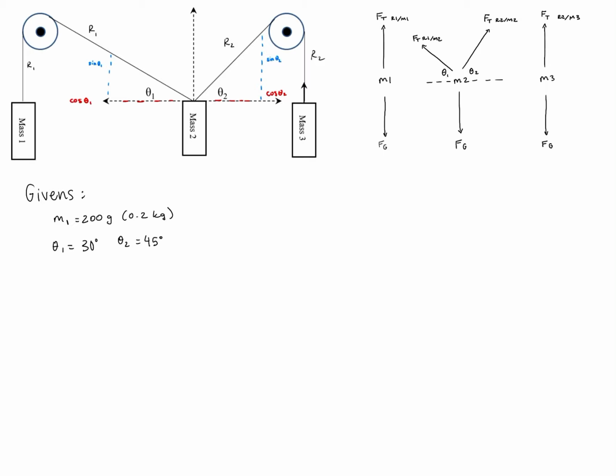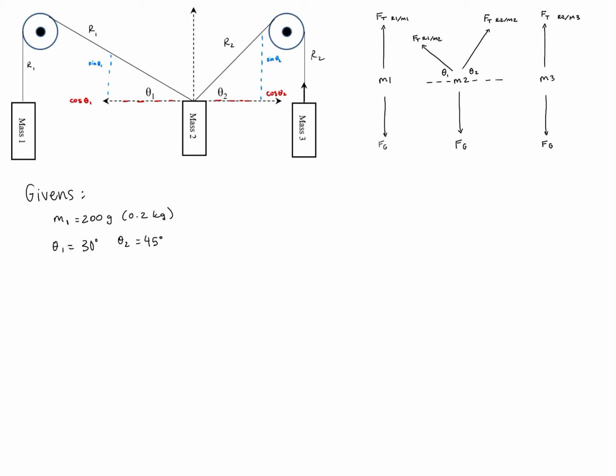So we're just going to go through each of the masses, and we're going to first algebraically solve for each of the variables we need in order to solve the problem.